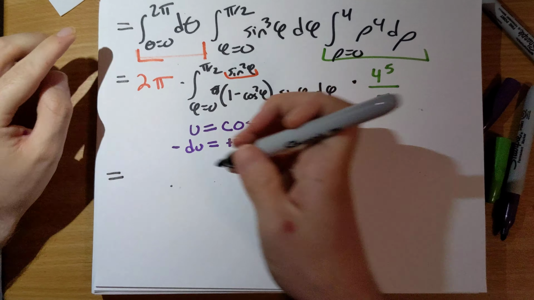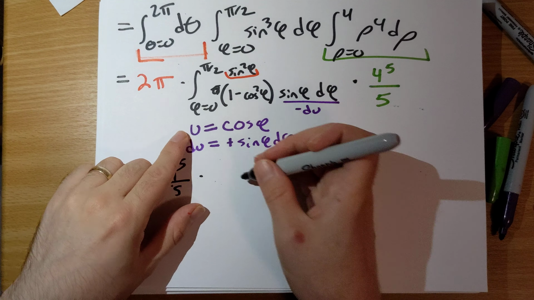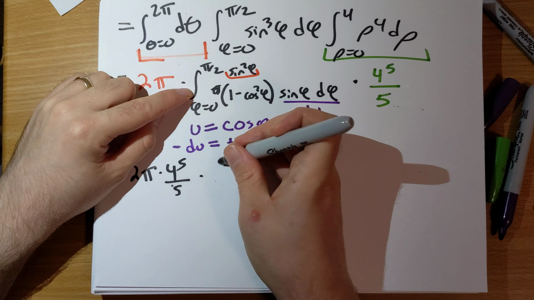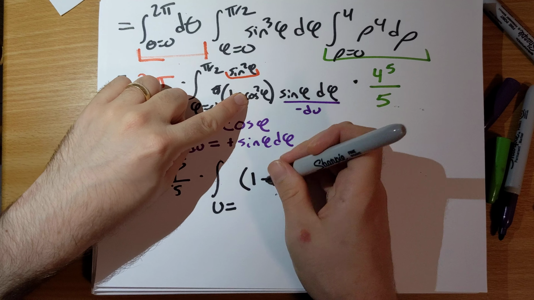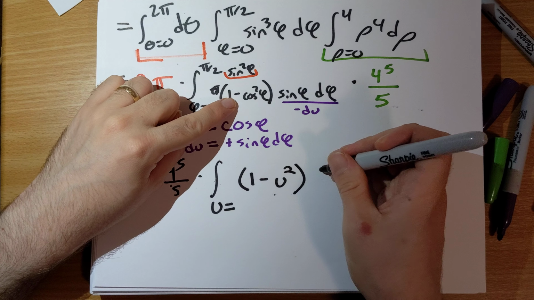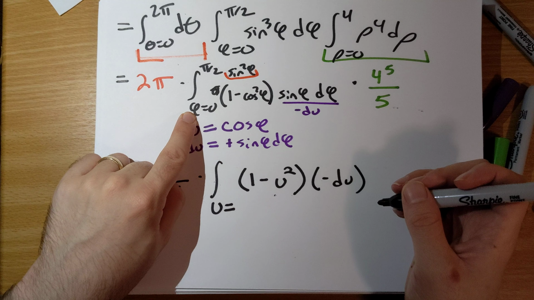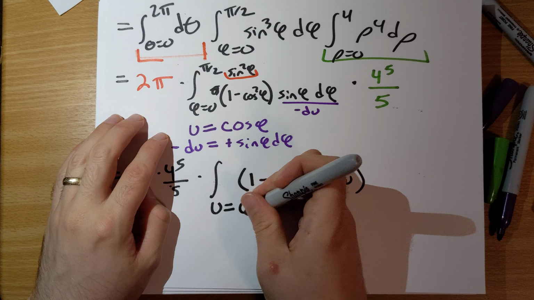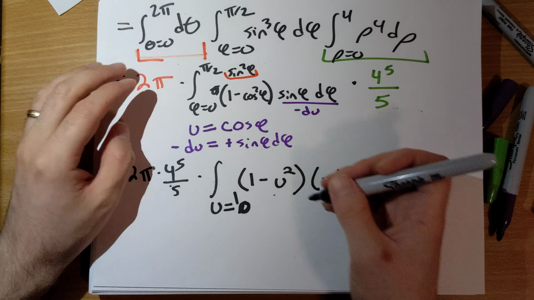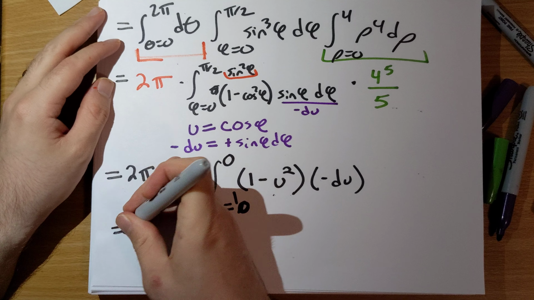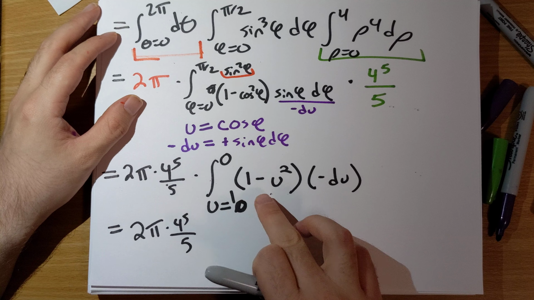Okay, 2 pi times 4 to the 5th over 5 times, okay, what happens here? 1 minus u squared, negative du. What are the bounds of our integral? When phi is 0, cosine of 0 is 1. And when phi is pi over 2, cosine of pi over 2 is 0.